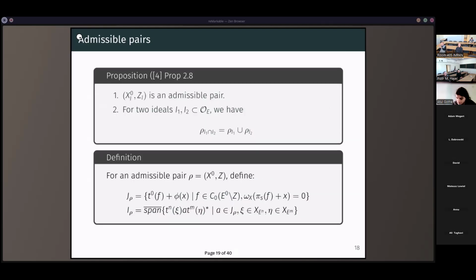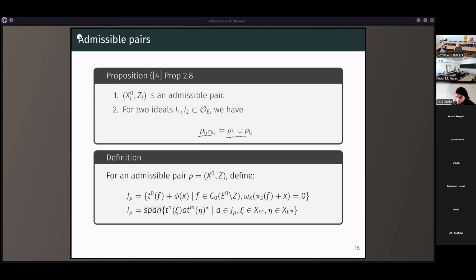And of course, there is some contravariance here as well. If we take two ideals, I1 and I2, then the admissible pair corresponding to the intersection is the union of the admissible pairs themselves. So the smaller the ideal becomes, the bigger the admissible pair in some ways.